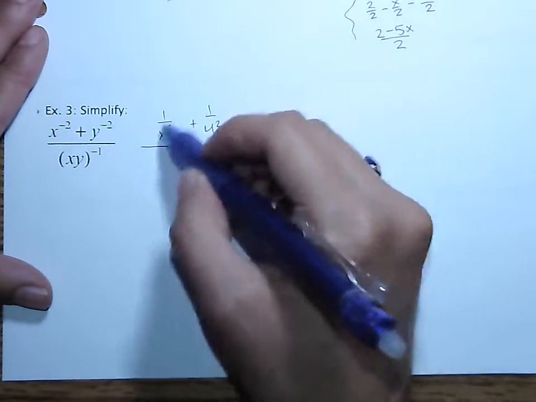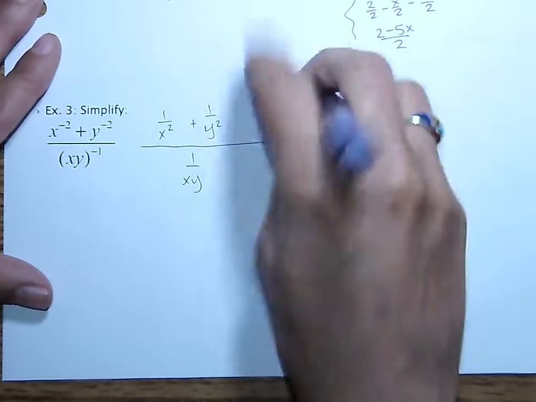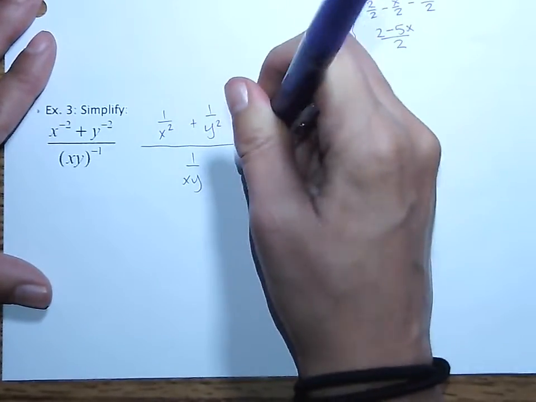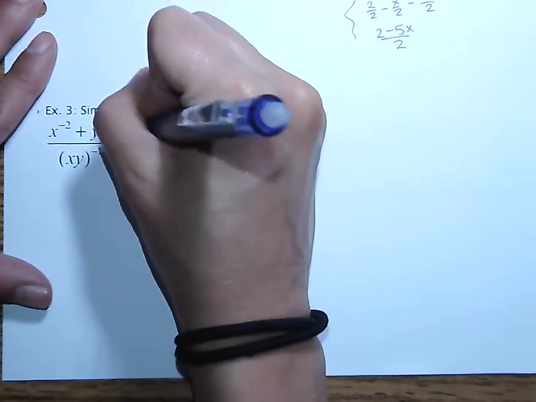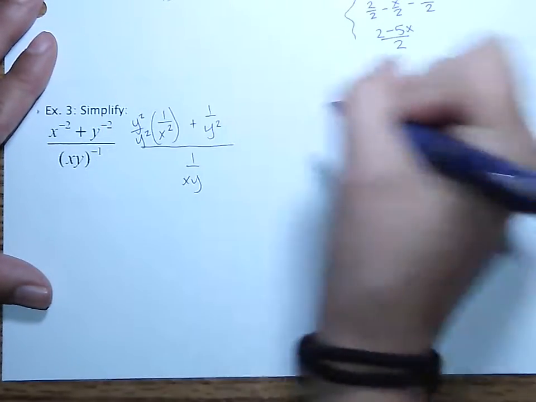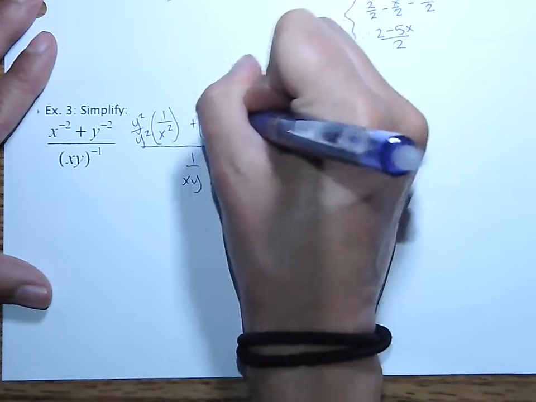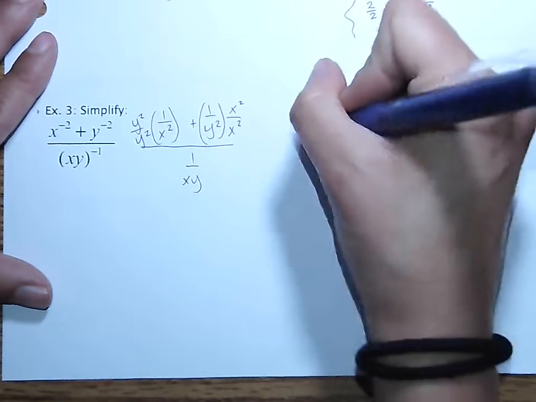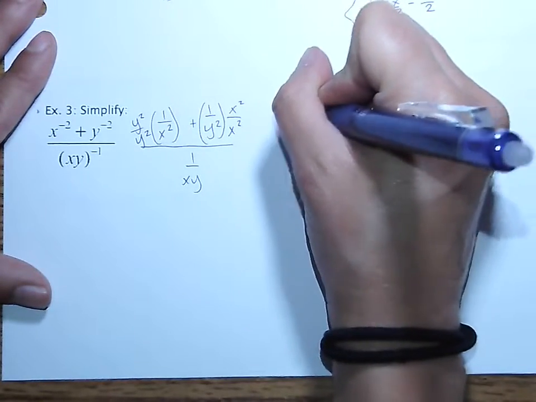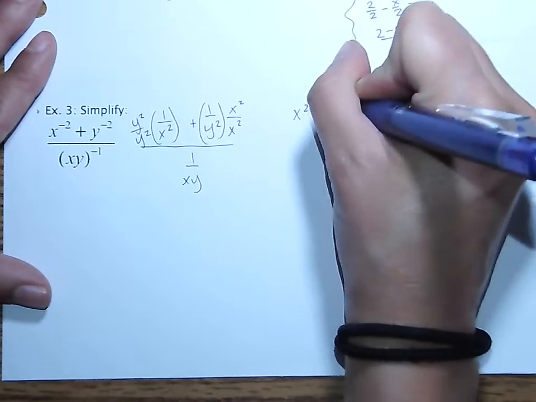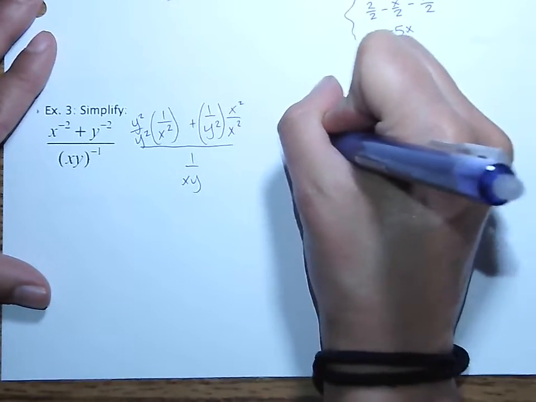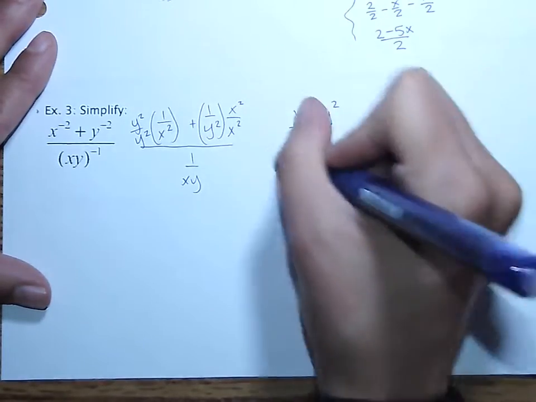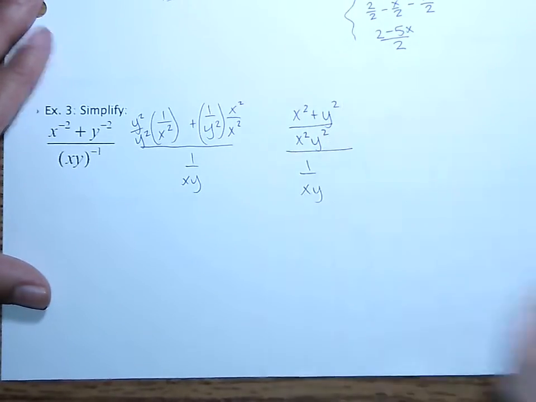So I can find a common denominator here by multiplying this one by y squared over y squared and this one by x squared over x squared. And I end up with x squared plus y squared over x squared y squared divided by 1 over xy.